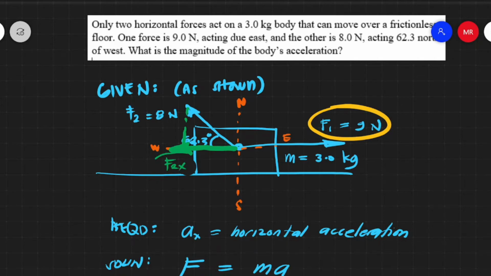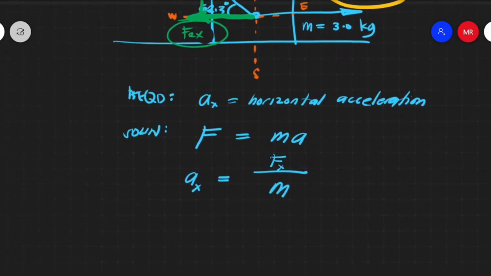So we have now two forces on the x-axis. F1 is just lying on the x-axis, going in the east direction, and going in the west direction is the x-component of F2.